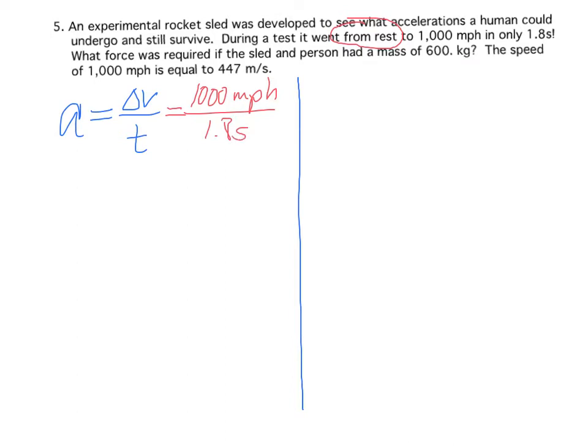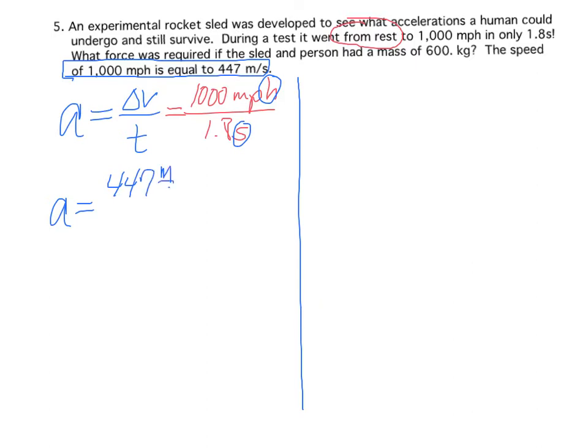Now we have a problem here because our units are not compatible. We have hours and we have seconds, plus typically we are not working in miles per hour, we're working in meters per second. And so as you can see in this problem, we've given you the conversion that 1,000 miles per hour is equal to 447 meters per second. So we're going to use those numbers instead.